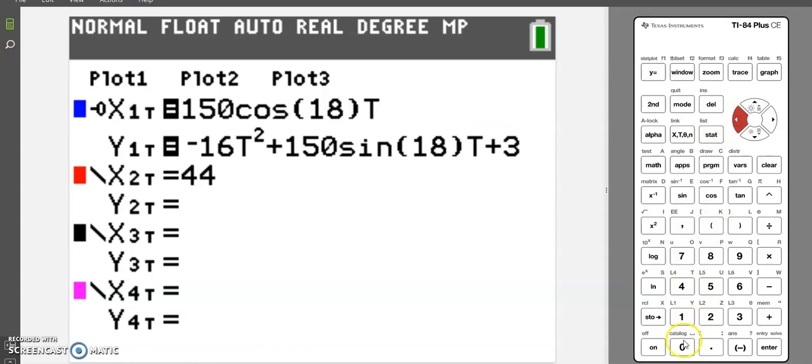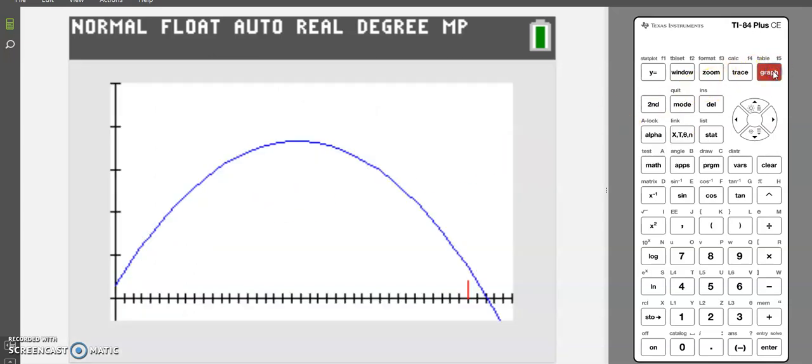So X is always going to be 400 and we want it to go straight up and down. So now if we were to plug in a T for Y, T is going to run from 0 to 4 seconds, right? So let's take a look at what happens with that.